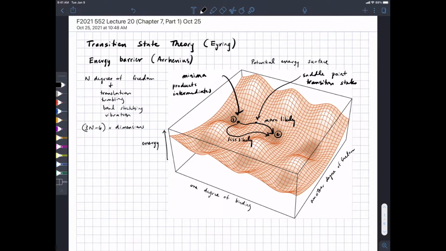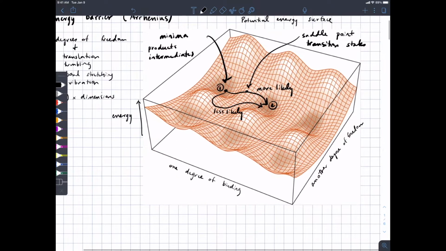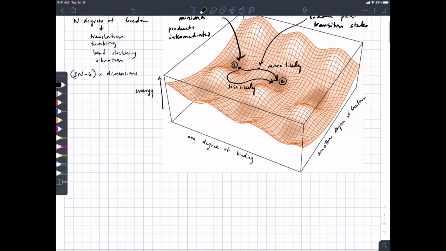So at the saddle point in the transition state, there's some important features that we need to be aware of. We sometimes call the structure at the saddle point the activated complex.